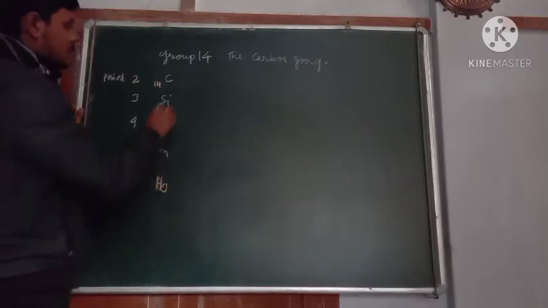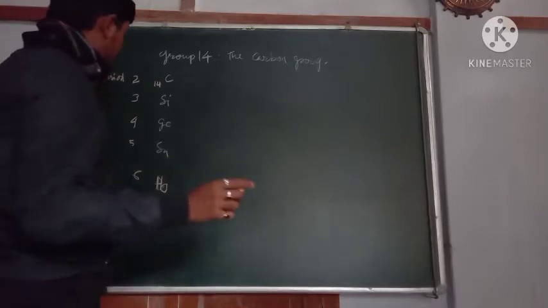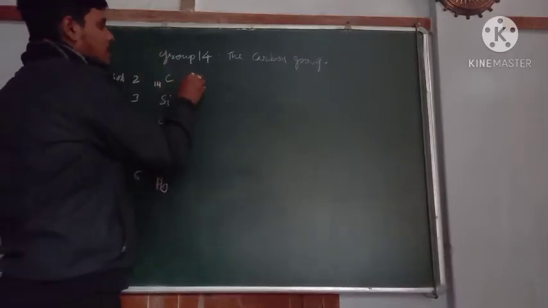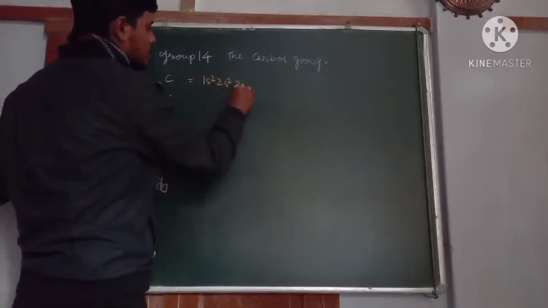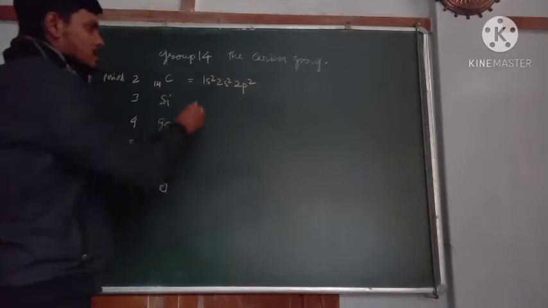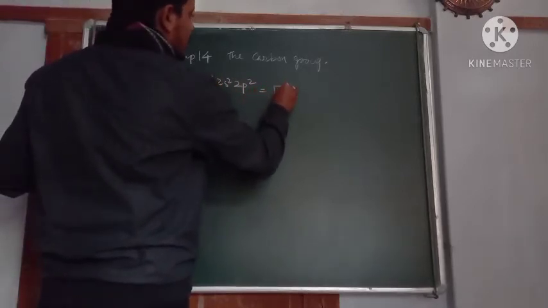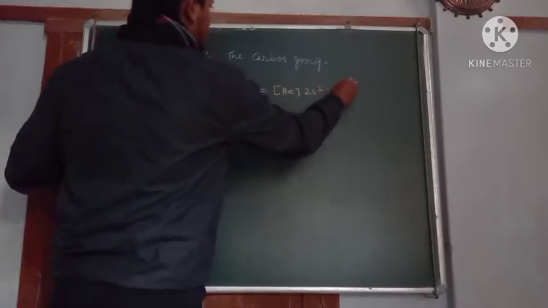The elements are carbon, silicon, germanium, tin and lead. So 5 elements. If I see carbon, the atomic number is 6, the electronic configuration is 1s2 2s2 2p2. So this is 1s2 for helium, that means we will have helium 2s2 2p2.